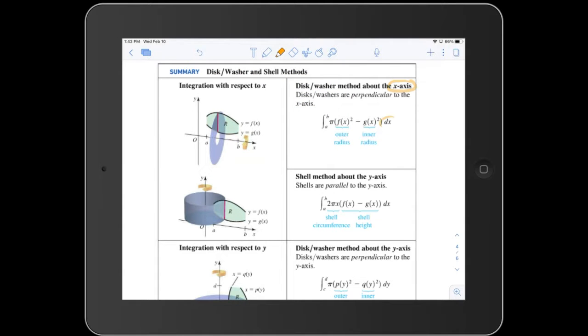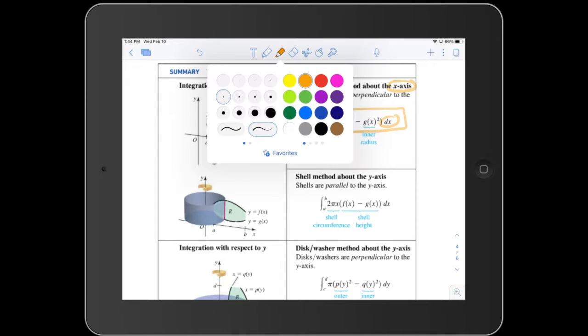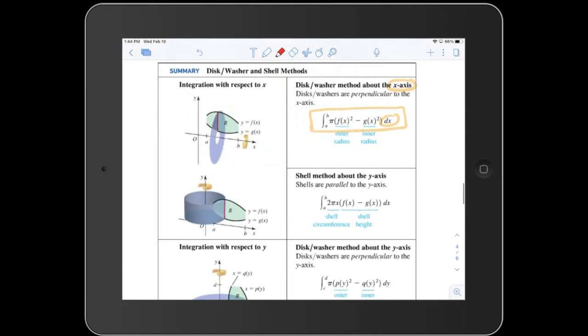X-axis, dx. Everything is in terms of x for disk method. But once it's shell method, oh, it's a different axis. Now, if you're doing y-axis rotation, then everything is in terms of a different variable.